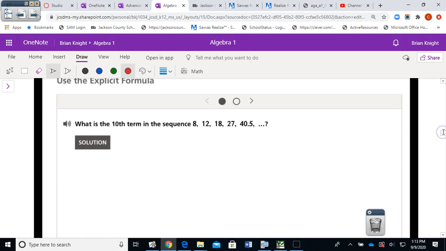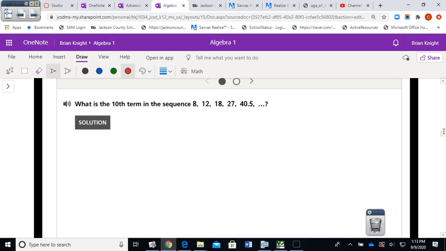Now, for the explicit formula. It's very simple. So, here's your explicit. R, the common ratio.